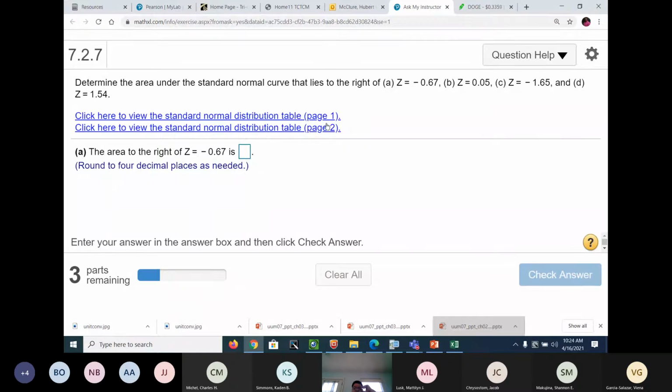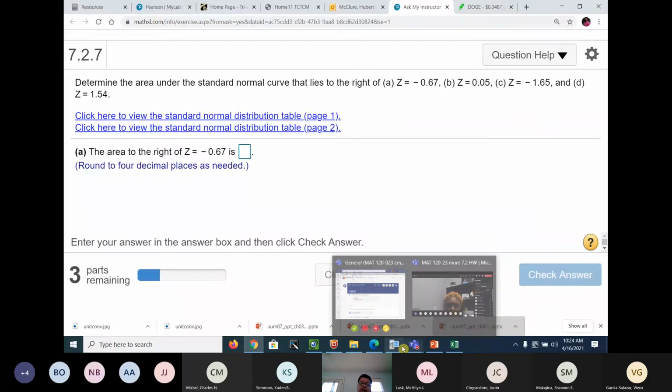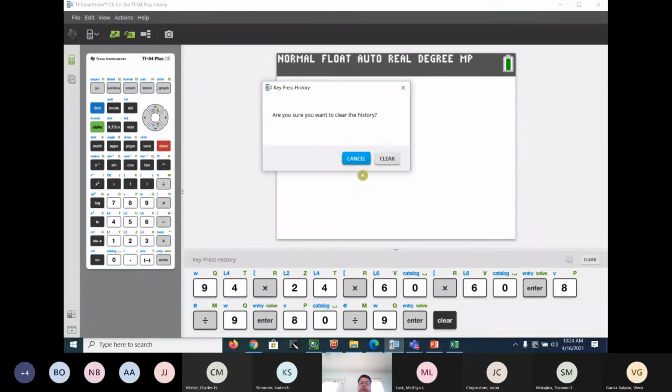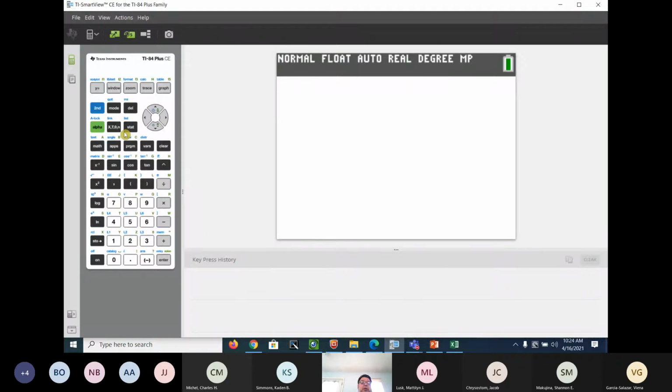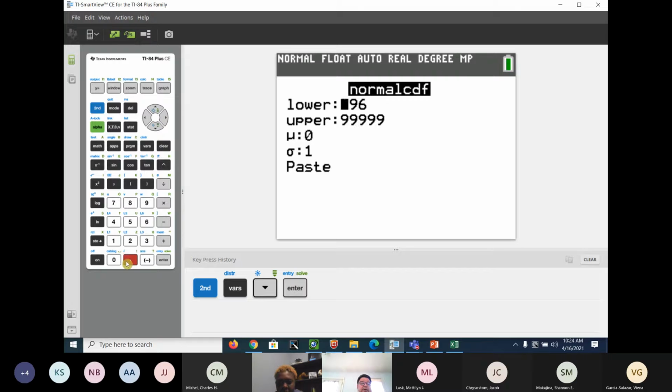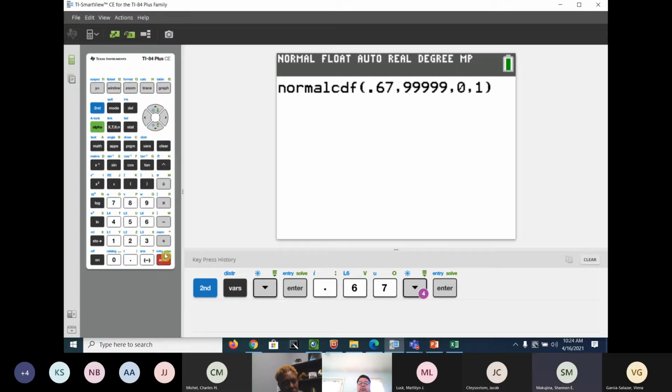So let's take our handy dandy calculator. If you have a newer calculator, you just type in whatever you want to go to. I'm going to type in second vars, normal CDF, from 0.67, comma, down to 9999, and paste. Now, if you have an older calculator, you're just going to type in parentheses 0.67 and 9999 and close parentheses.